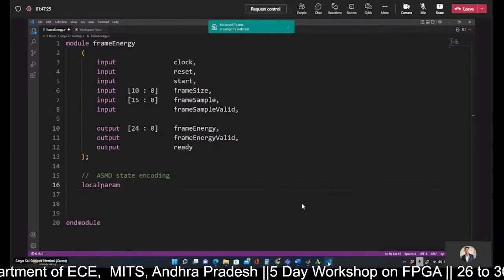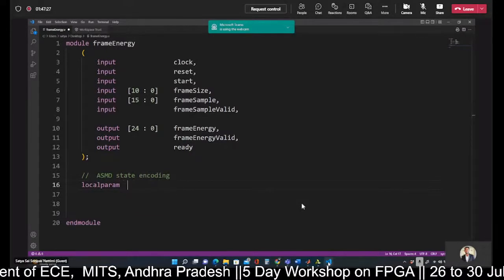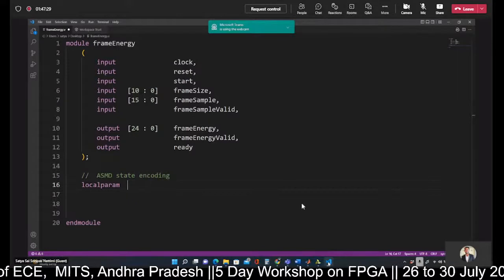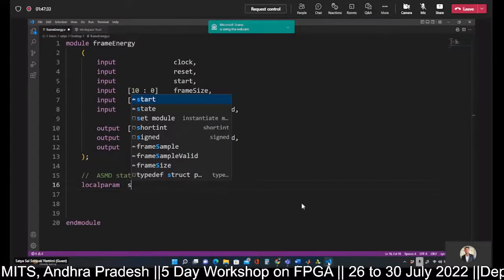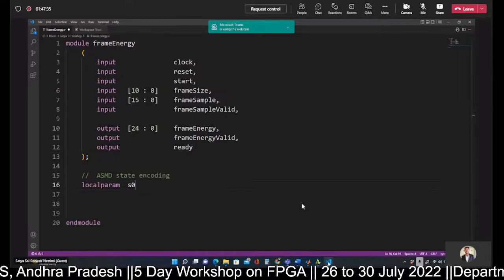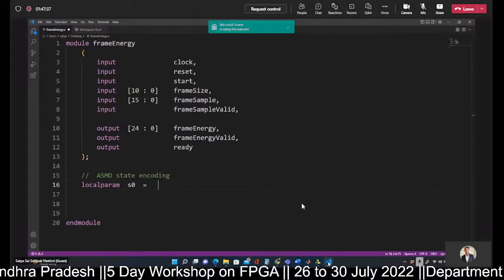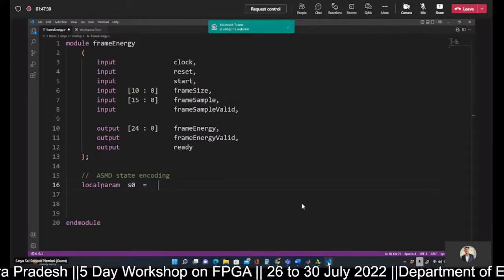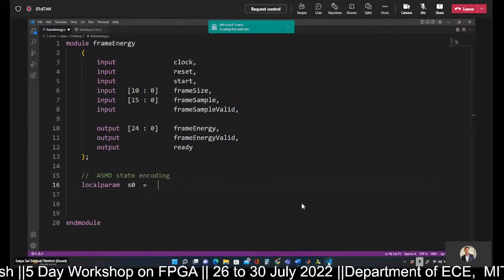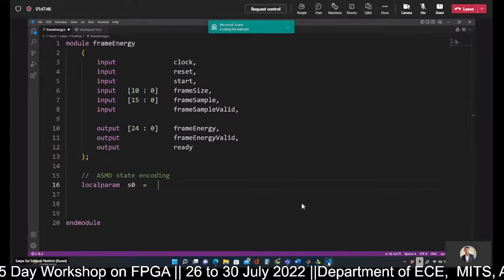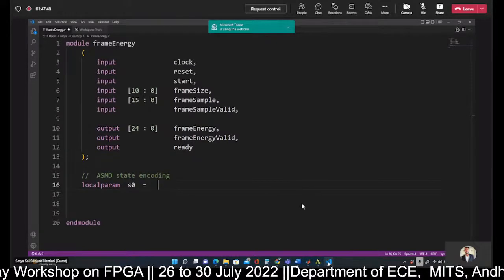It's like a local parameter that is local to this module, that is frame energy. We are creating a parameter called S0 for our reference. S0 means the S0 state, and S1 means the S1 state.